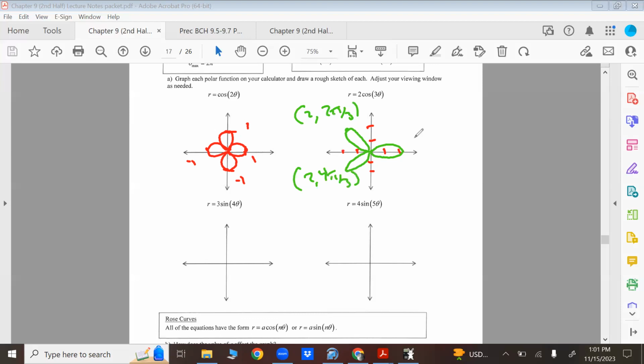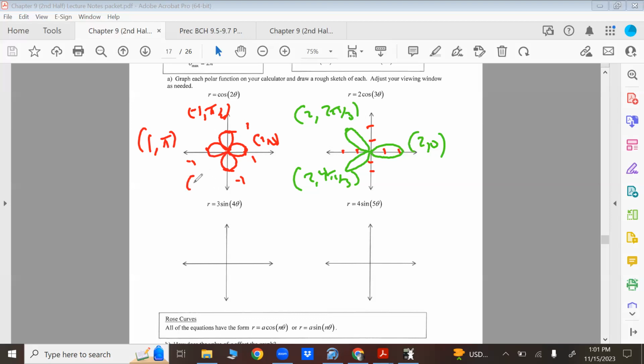That makes more sense. And of course, that's 2, 0. And these here were at 1, 0, 1, pi over 2. 1, pi. And wait, am I correct in saying that? Actually, it's technically -1.